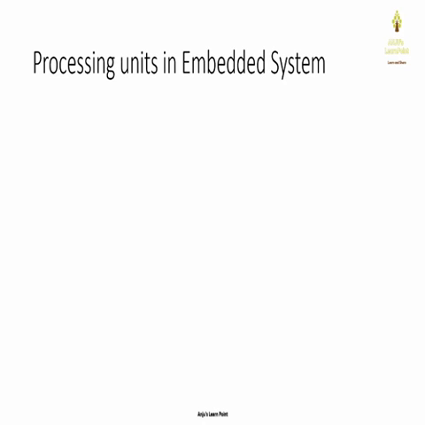Next we will be discussing the processing units in an embedded system. The first component is the processor. A microprocessor is an important unit in an embedded system. A microcontroller is nothing but an integrated chip which has a microprocessor, memory and several other hardware units in it.